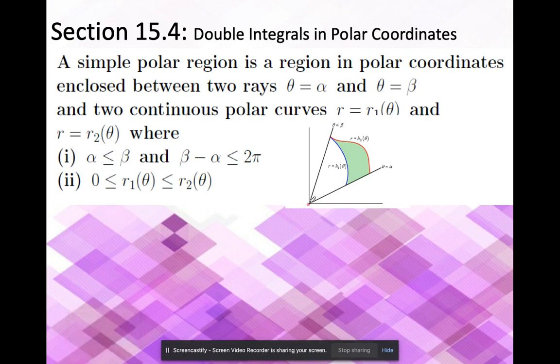So here's a picture where, remembering that if I'm in polars, I start at the pole, I give a certain radius, I radiate out, and then rotate up. Right? And there's my theta. Or I radiate out a certain radius and rotate further. And there's my beta, right?